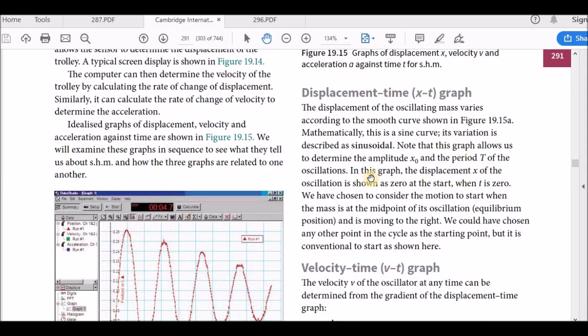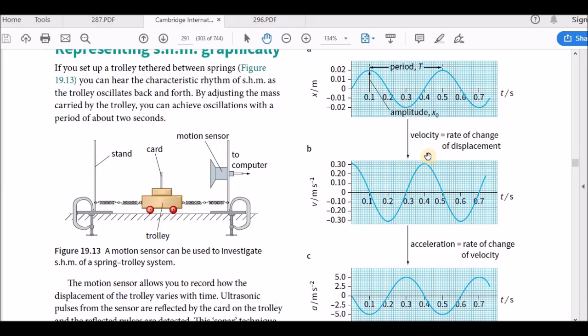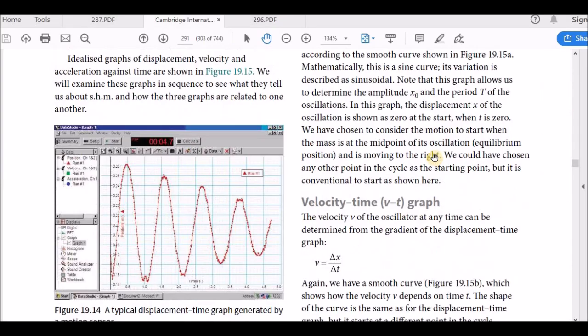In this graph, the displacement x of the oscillation is shown at 0 at the start when t is 0. We have chosen to consider the motion to start when the mass is at the midpoint of the oscillation, the equilibrium position, and is moving to the right. We could have chosen any other point in the cycle as the starting point, but it is conventional to start as shown here. So this is the standard, or conventional, way.